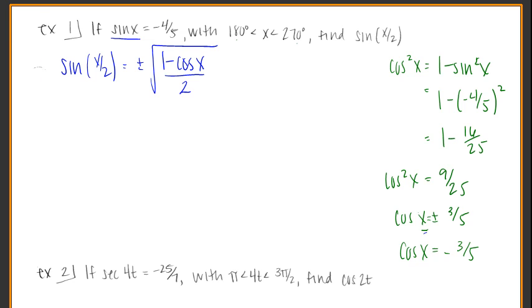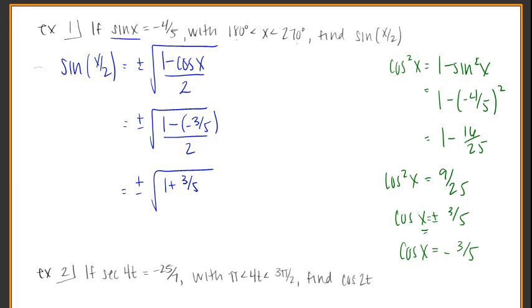All right, so coming to our problem. Sine of x over 2 is plus or minus the square root of 1 minus a negative 3/5 over 2. So plus or minus 1 plus 3/5 over 2. If I combine the two, 1 plus 3/5, you get 8/5 divided by 2.